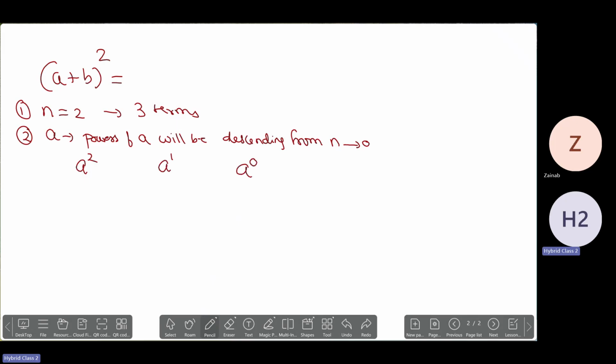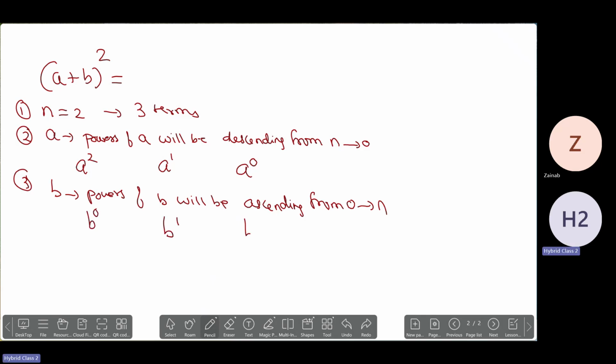Third term, a to the power 0. Okay. Similarly, the b, right? Second term in the bracket. The powers of b will be ascending from 0 to n. So it's going to be what? B to the power 0, b to the power 1, b to the power 2.